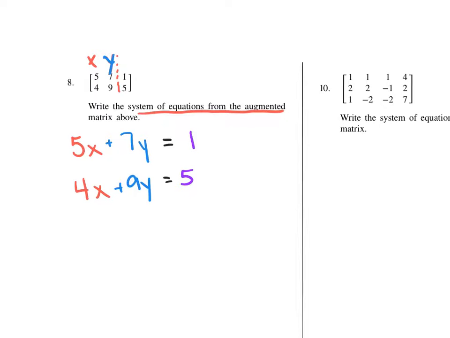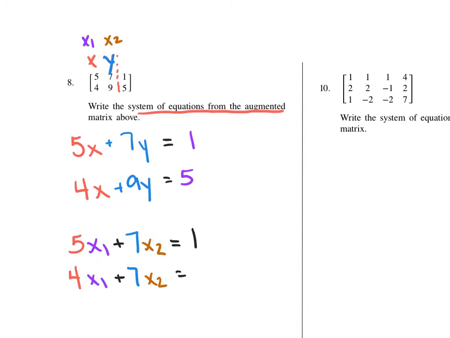So we could call this x1 and x2 instead and rewrite it like this: 5x1 plus 7x2 is equal to 1, and 4x1 plus 9x2 is equal to 5.